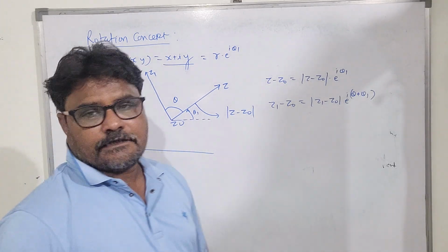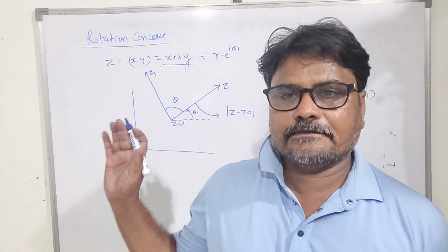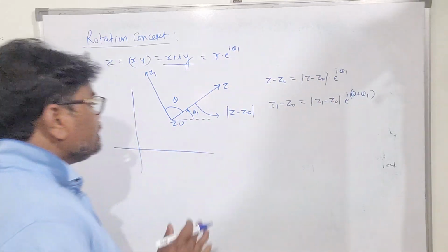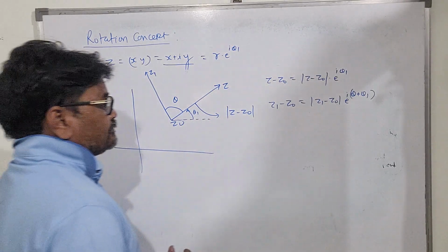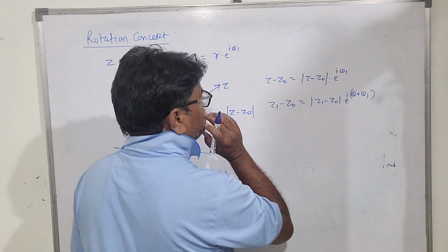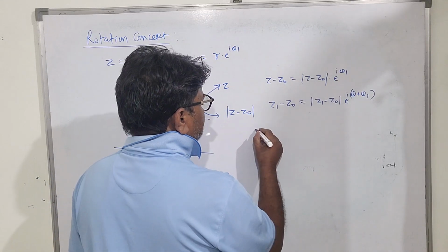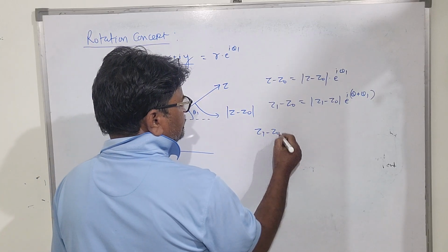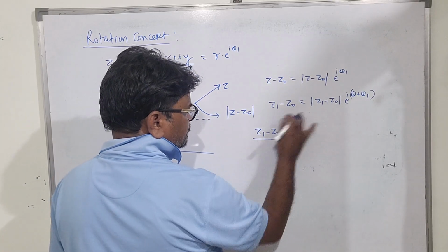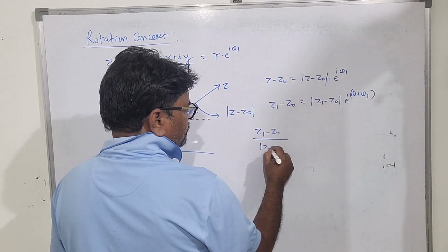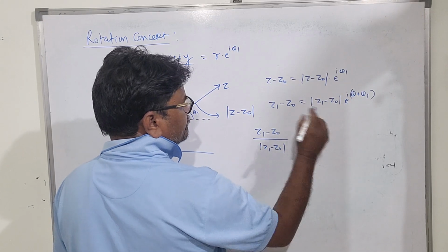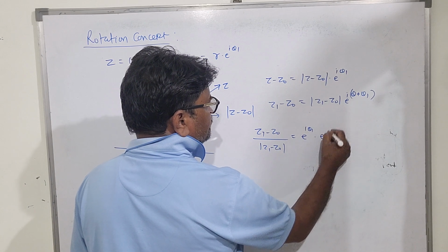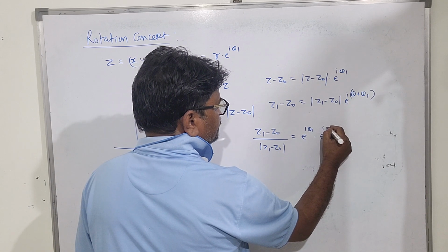Here, I don't know whether the lengths of both the vectors are the same or not. Therefore I will rotate the unit vector along these vectors. So what can I write down? I can write z1 minus z0 divided by the modulus of z1 minus z0 equals e to the power iota theta 1 into e to the power iota theta.